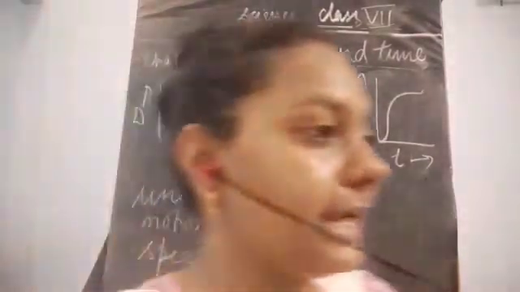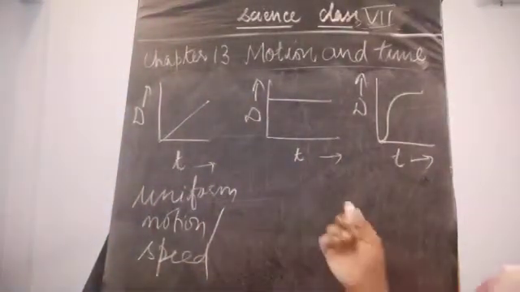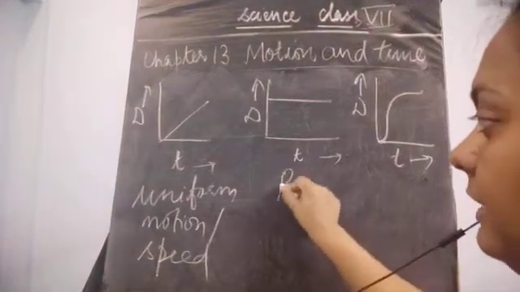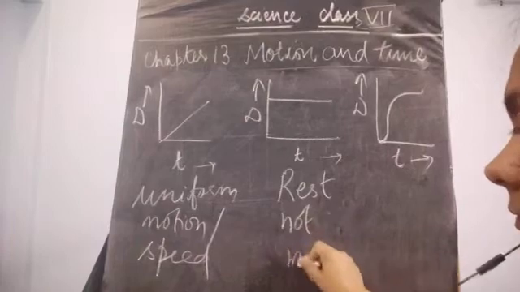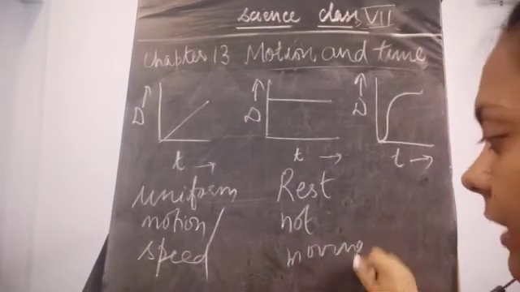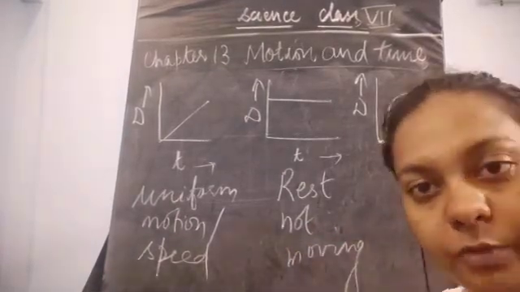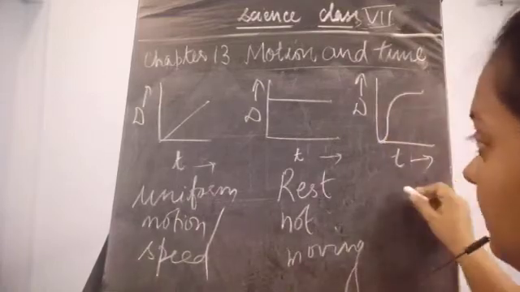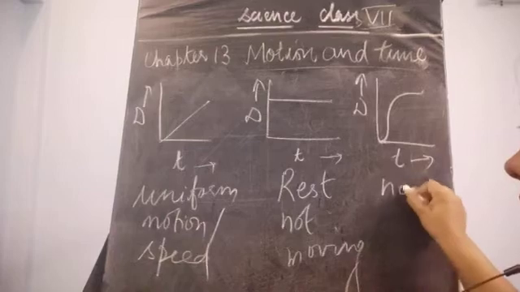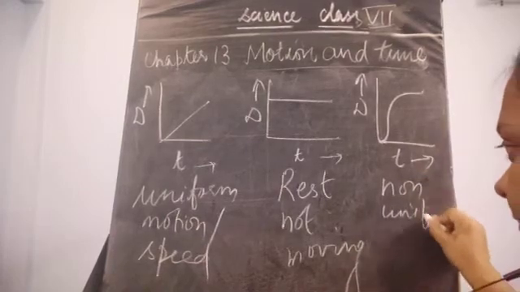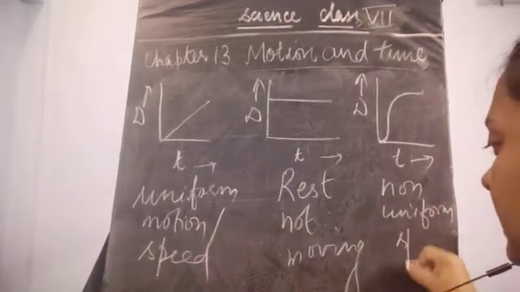Similarly, if we get the second graph, the body is at rest, it is not moving, okay, it is not moving at all. Next, the speed is 0, and the next is this non-uniform speed.